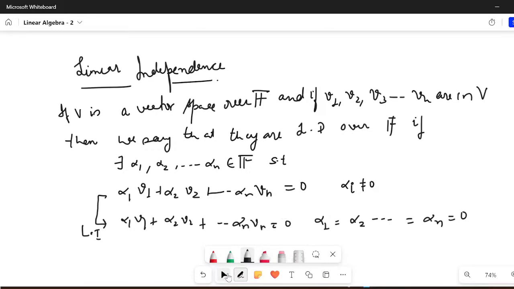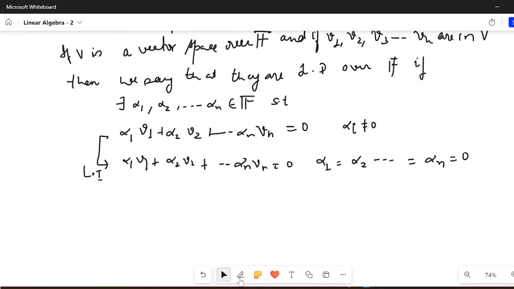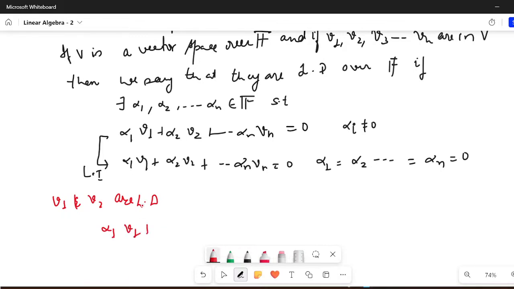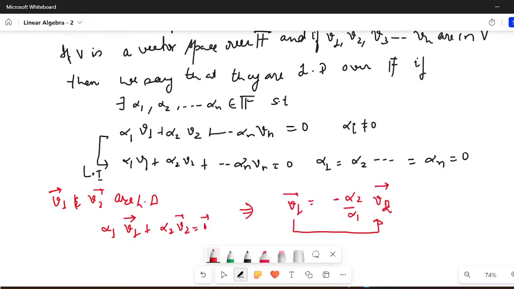See, this is quite easy to see. For example, if I'm saying that in two dimensions my v1 and v2 are linearly dependent, what does it mean? Let us say I'm talking of two vectors. That is, if one vector can be expressed as a constant multiple of another vector, then my vectors are linearly dependent.